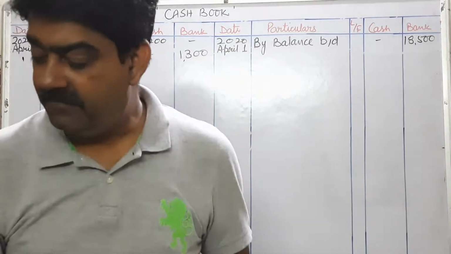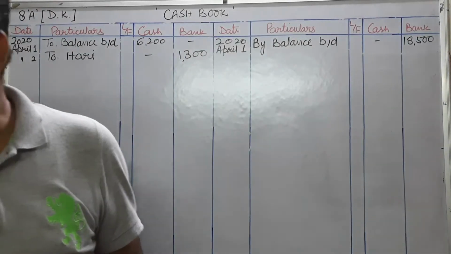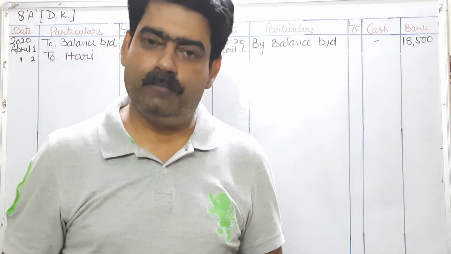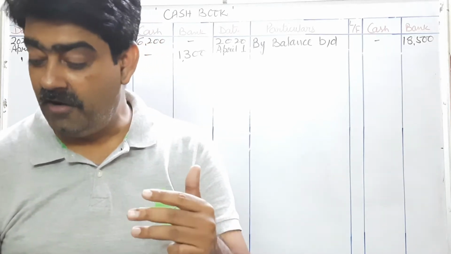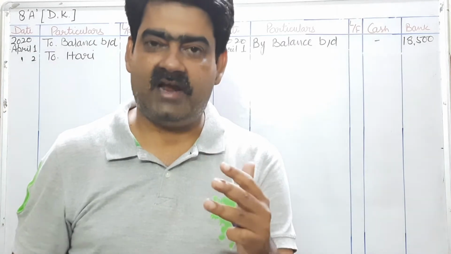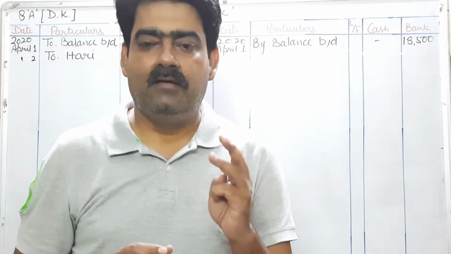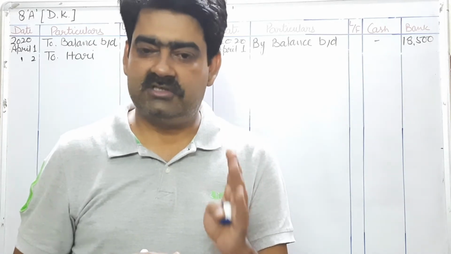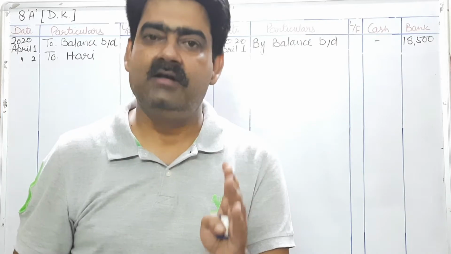Okay. Now see, next one. On April 5, there is one transaction, that is check received from Vinod deposited into bank. See, we have received check from Vinod on 3rd of April and on 5th of April we are depositing this check into our bank. So now journal entry will be bank account debit to check in hand and treatment of such journal entry will come in cash book.